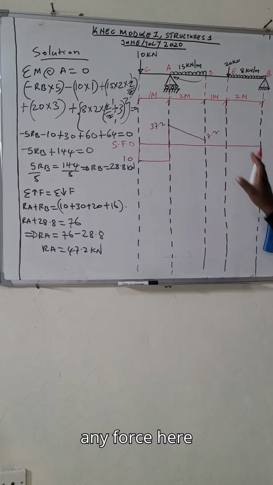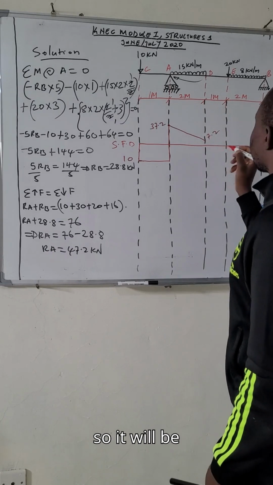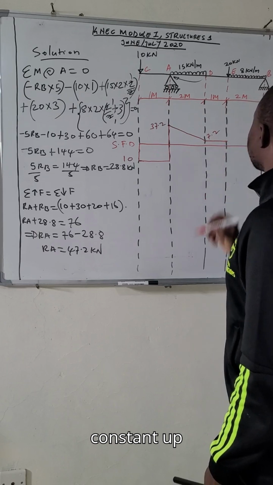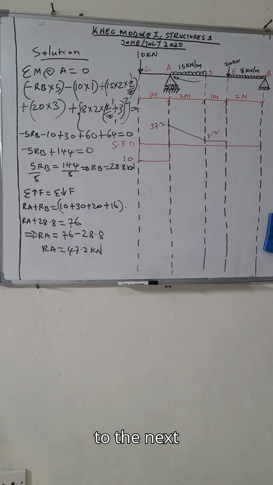There is not any force here, so it will be constant up to the next force or the next loading, which is 20. So you will take that 7.2 minus 20. So you will get negative 12.8.